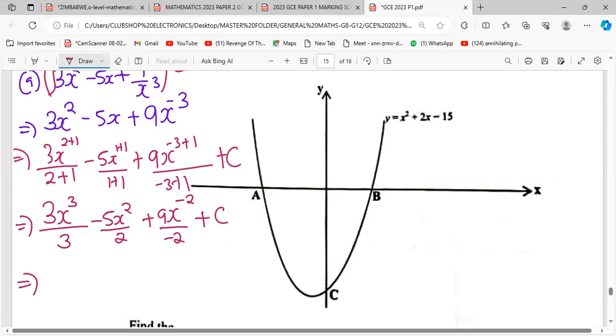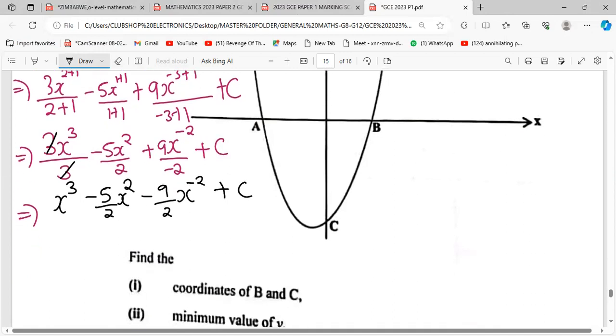Finally, the 3 and that 3 cancel: x to the power 3 minus 5 over 2 x squared, and negative into positive gives negative 9 divided by 2 x to the power negative 2, plus c. This is your answer. Or you remove the negative index: x to the power 3 minus 5 over 2 x squared minus 9 over 2 times 1 over x squared plus c.